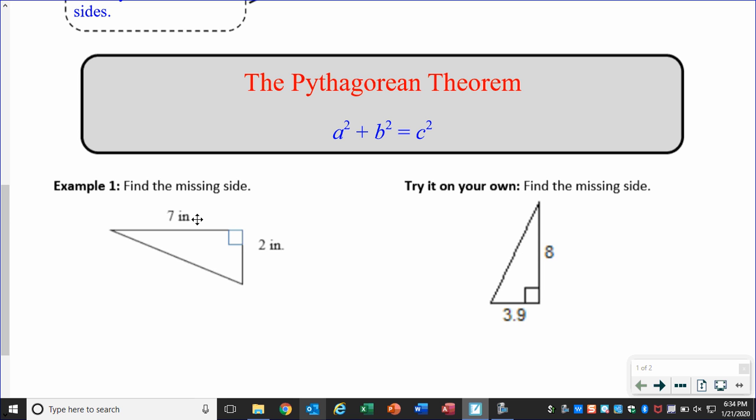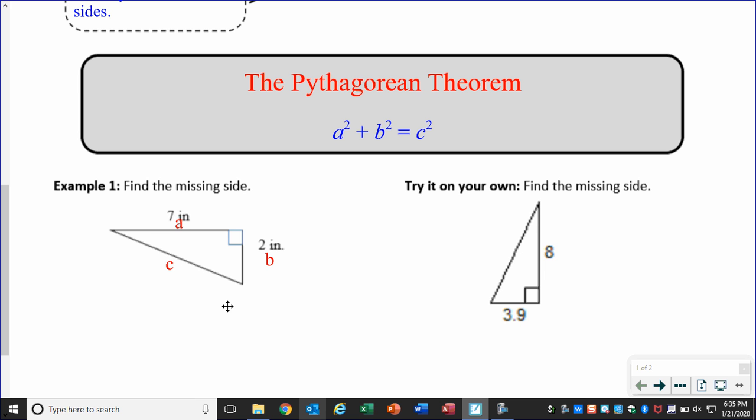So those are side A and side B. And this side, the longest side, which we should know is our hypotenuse, we're going to label C.